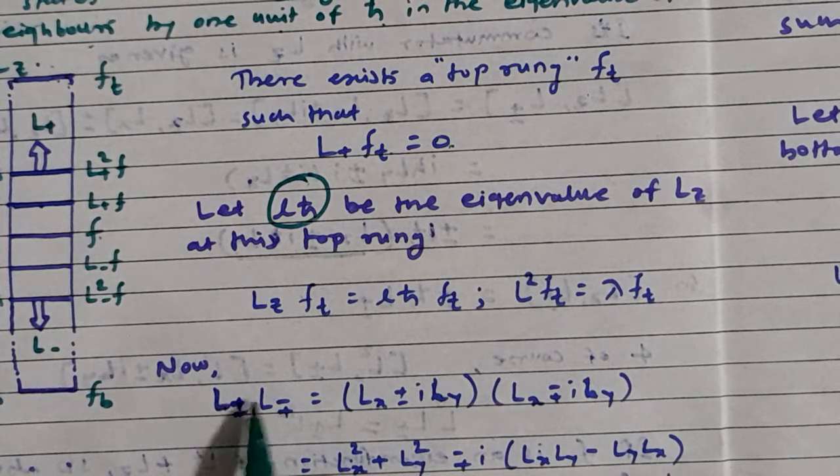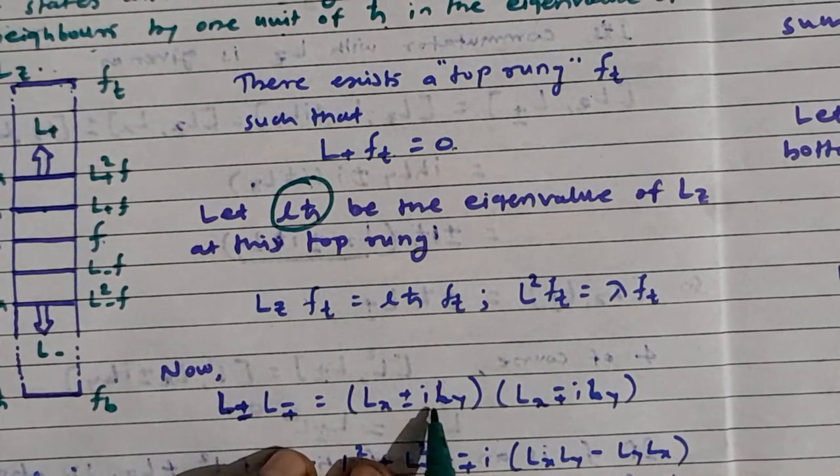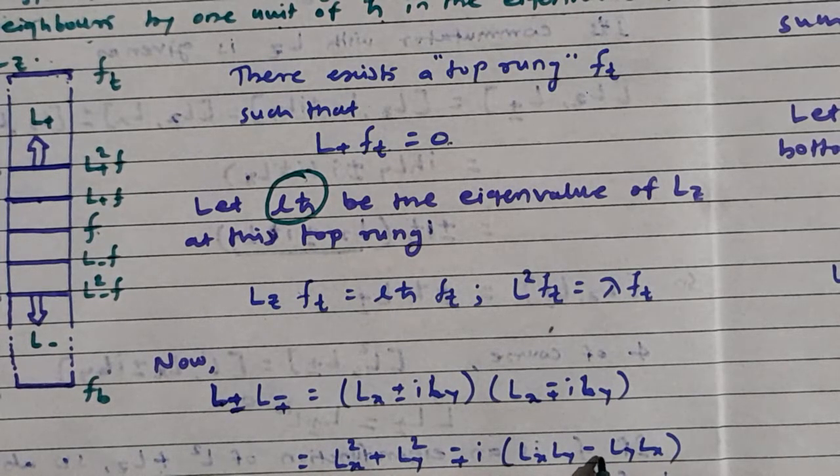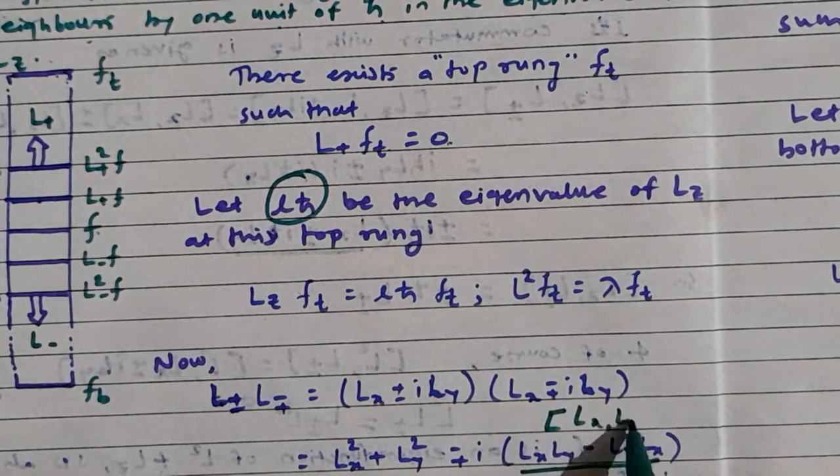So the product of the raising operator and the lowering operator is considered here: Lx plus i h cross Ly and Lx minus i h cross Ly. So what it gives us is Lx square plus Ly square minus plus i times (Lx Ly minus Ly Lx). This is nothing but the commutator bracket of Lx and Ly, and that is nothing but i h cross Lz.